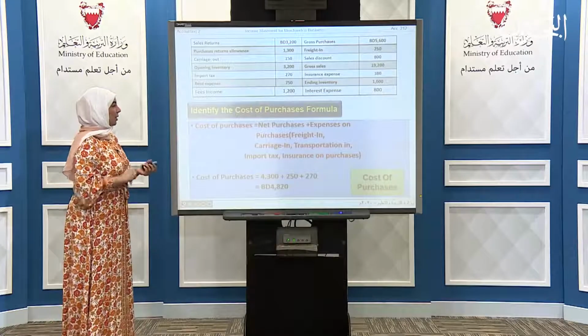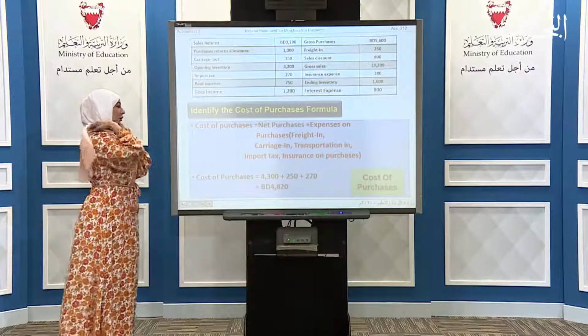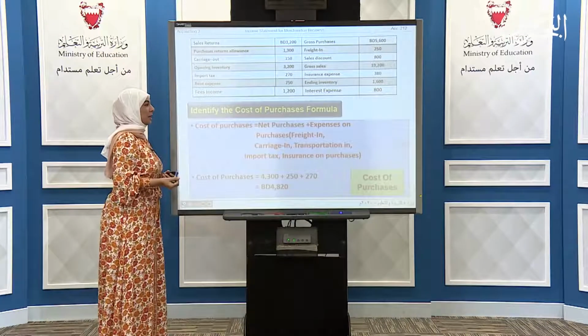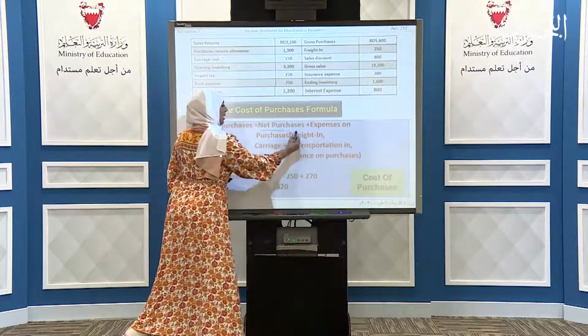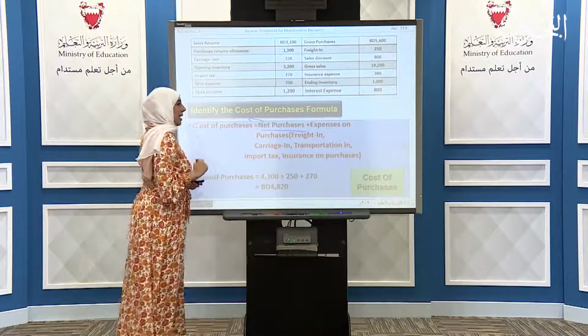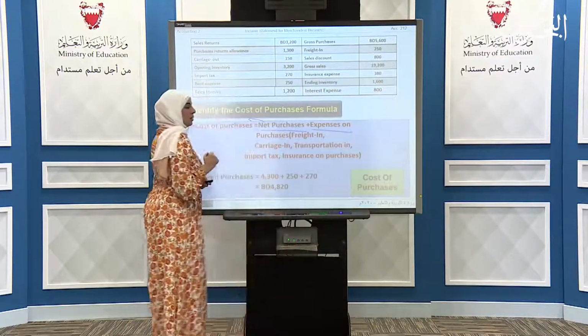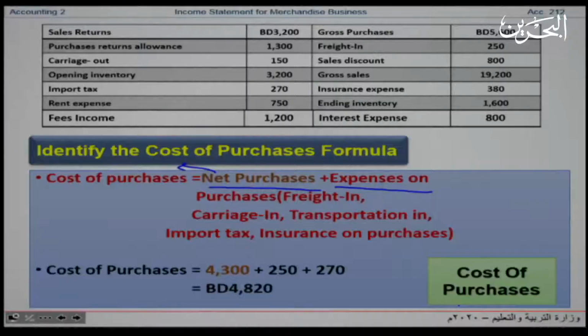Let us move to the third required, which is the cost of purchase. To find the cost of purchase, we need to use the net purchase that we found in the previous slide and add with it all the expenses we spent to purchase this merchandise. Let us take an example for the expense on purchase.